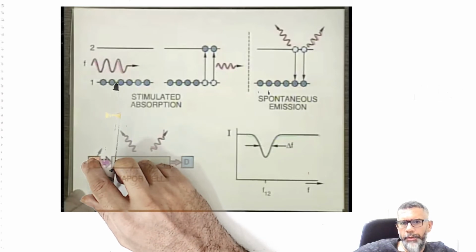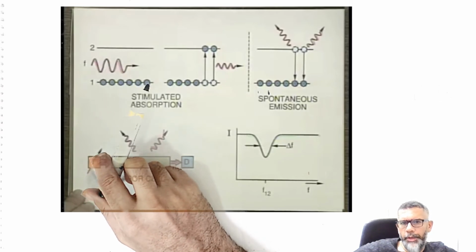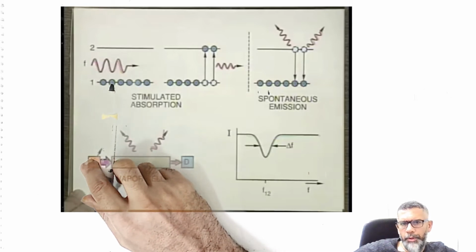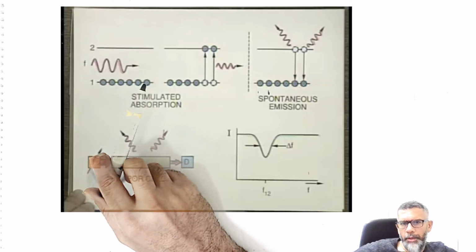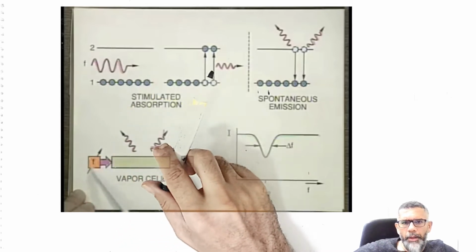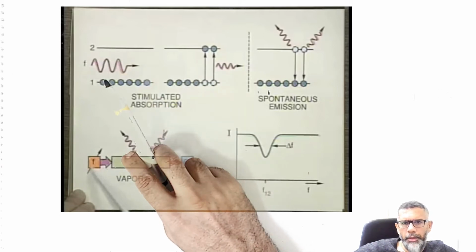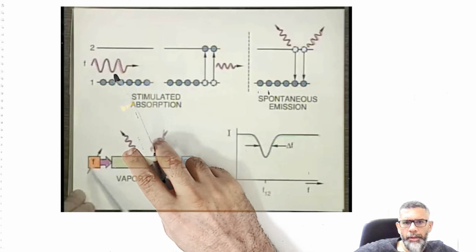These different spheres over here represent the electrons belonging to different atoms. So you have, for example, on this picture, 1, 2, 3, 4, 6 atoms over here. But only 2 of them absorb some of the energy of the incoming light.